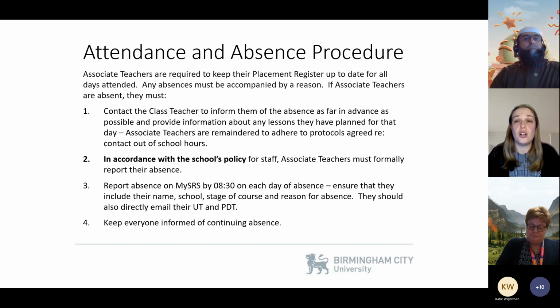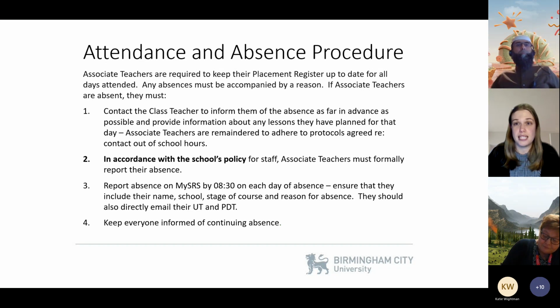We also expect them to follow whatever your school policy is. So however you and your colleagues record absence, we would expect associate teachers to follow that same process so that it's formally reported. And we also ask that they report it to us at the university through that system as well.